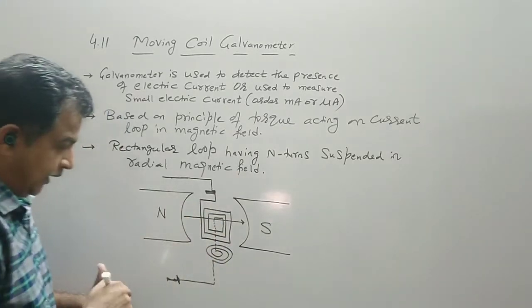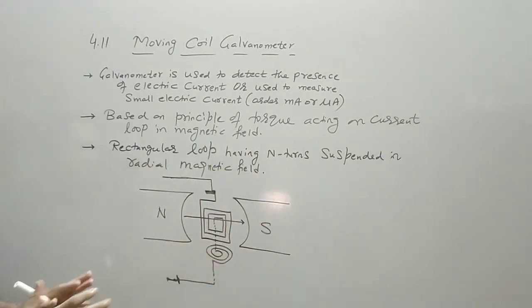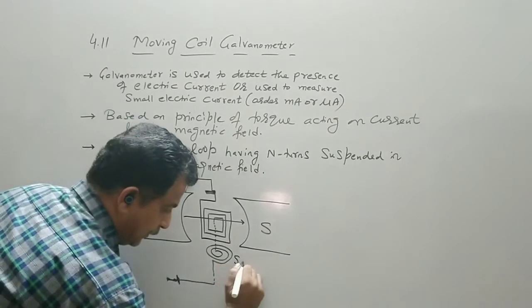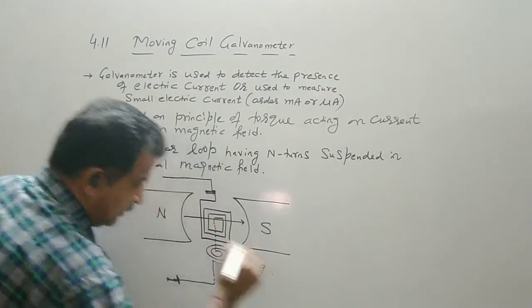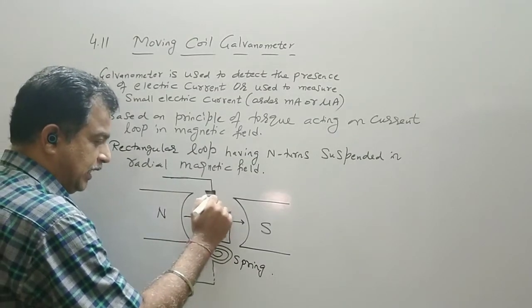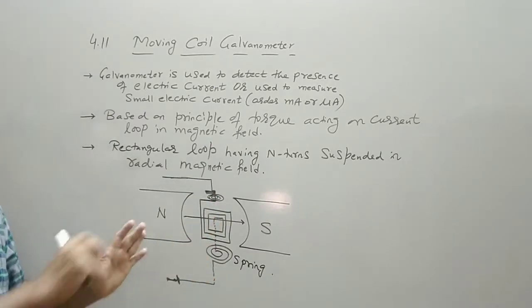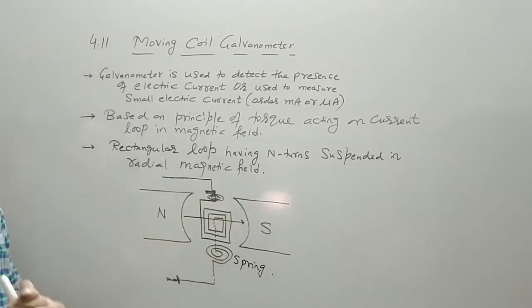We assume that there is a radial magnetic field. Now this is the situation. This is your spring. Generally we also have a spring here, so we have two springs. Now these are not suspended in air, so we will shift to the construction in a detailed way.